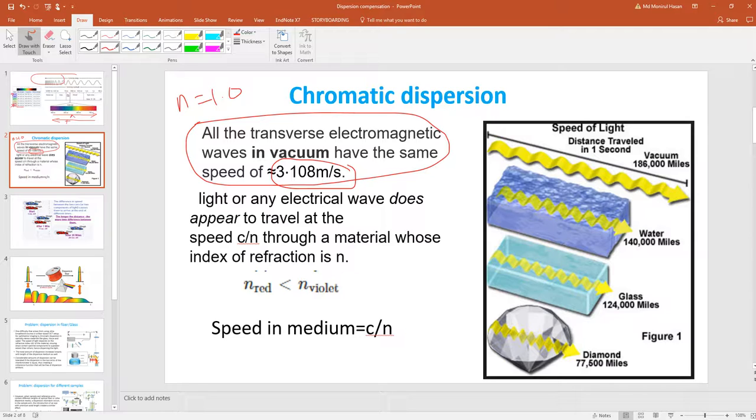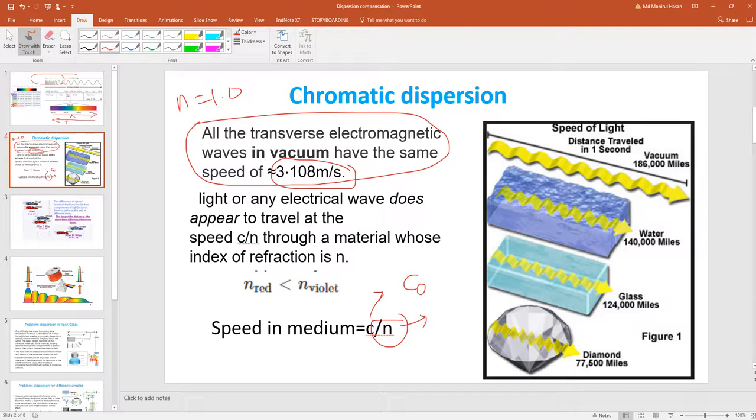If light passes through any medium whose refractive index is n, then the speed of the light will be the speed of light in the vacuum, C, sometimes we call it C naught, divided by the refractive index of that material.